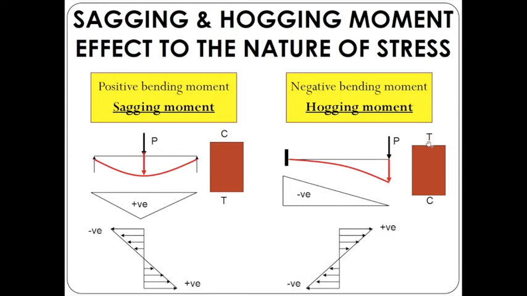So we can see that there is already an exchange between the compression stress location and the tension stress location. As for the top part, it will be subjected to tension, so the value of the bending stress will be positive, and as for the bottom part, since it is under compression, the bending stress will be negative.